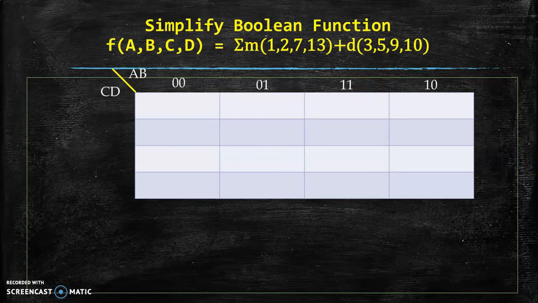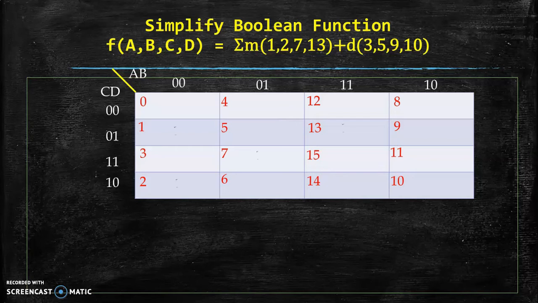Same way for variables CD, we write 0 0, 0 1, 1 1 and 1 0. We give equivalent decimal number to each cell, so 0 to 15 we are giving decimal equivalent numbers. The pattern of giving decimal numbers should be very clear.